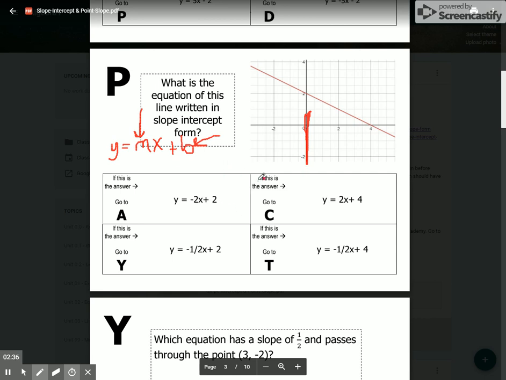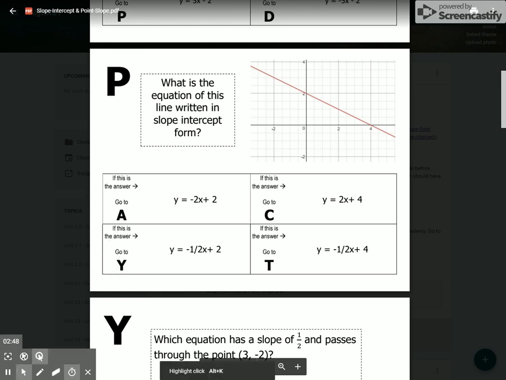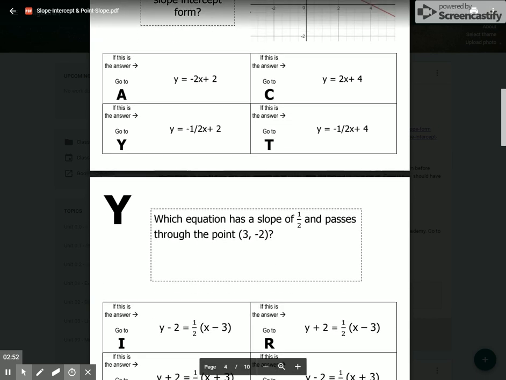Then make sure you think about the direction of the line. Is it going up as we go to the right? What does that mean? Is it going down as we go to the right? What does that mean? And of course, what is your rise over your run, or your change in y over your change in x?